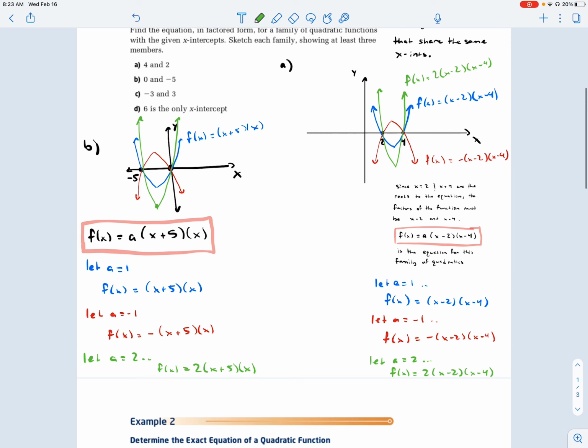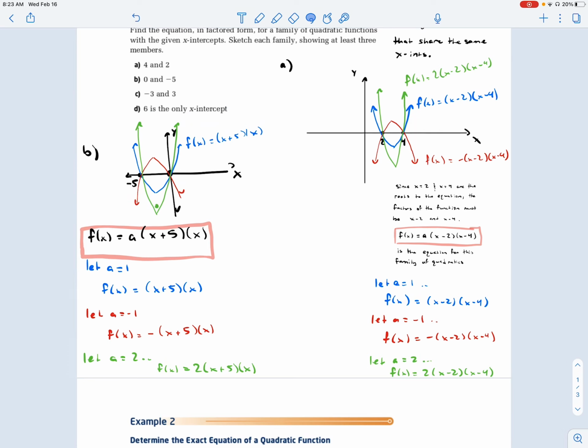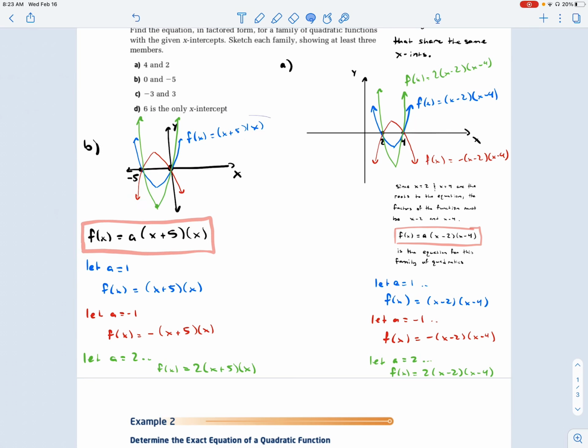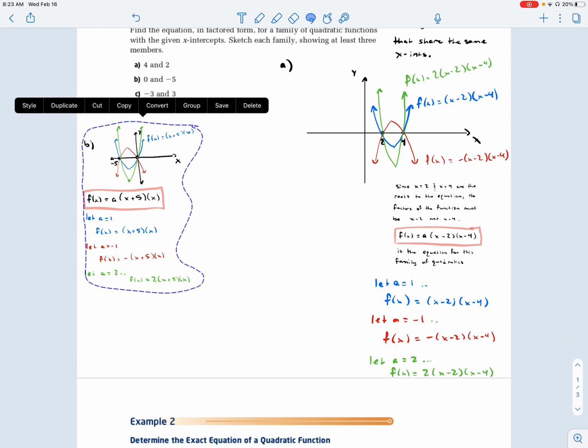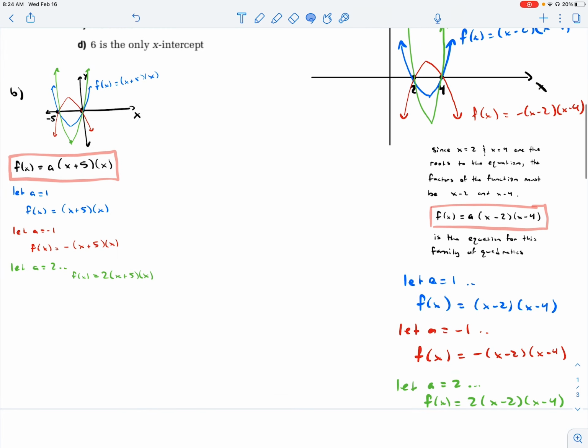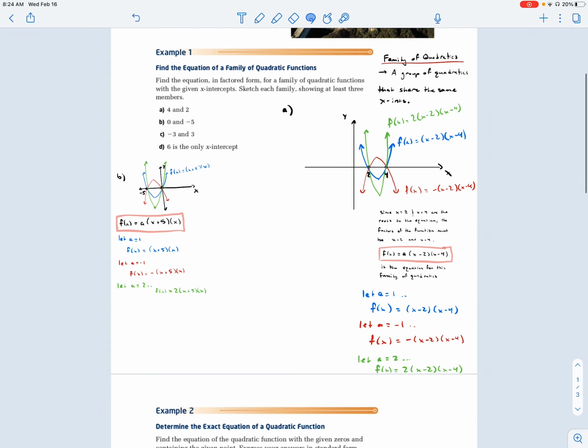Okay, I'm going to have to make a little bit of space here. So I'm just going to go ahead and compress this. And I'm going to compress this one as well.